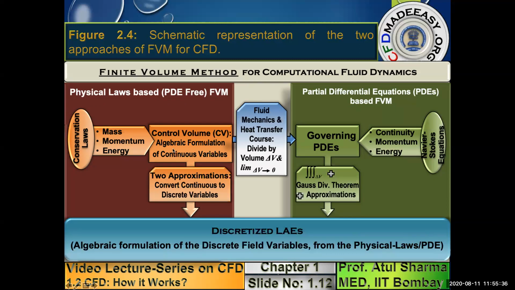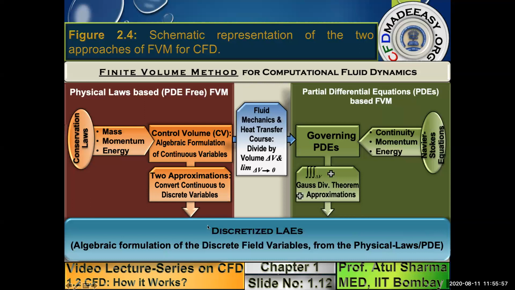Using two approximations, very similar to the approximations presented in the alternative approach, we derive the same set of linear algebraic equations.